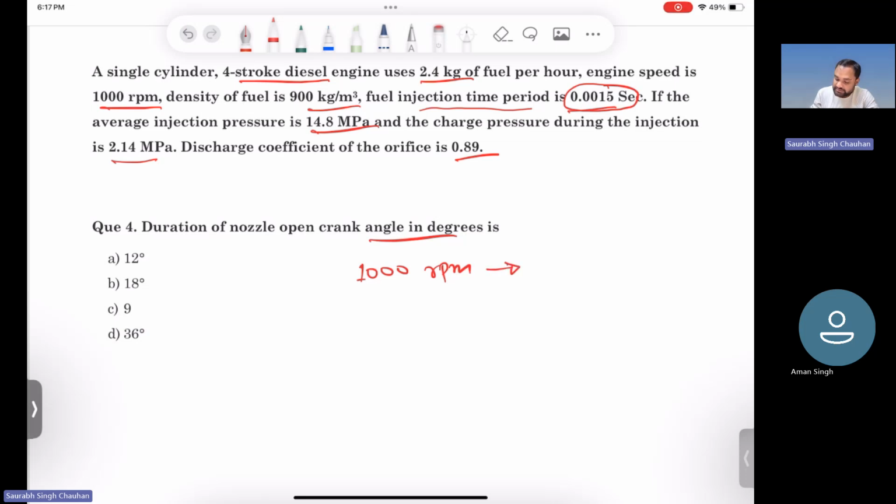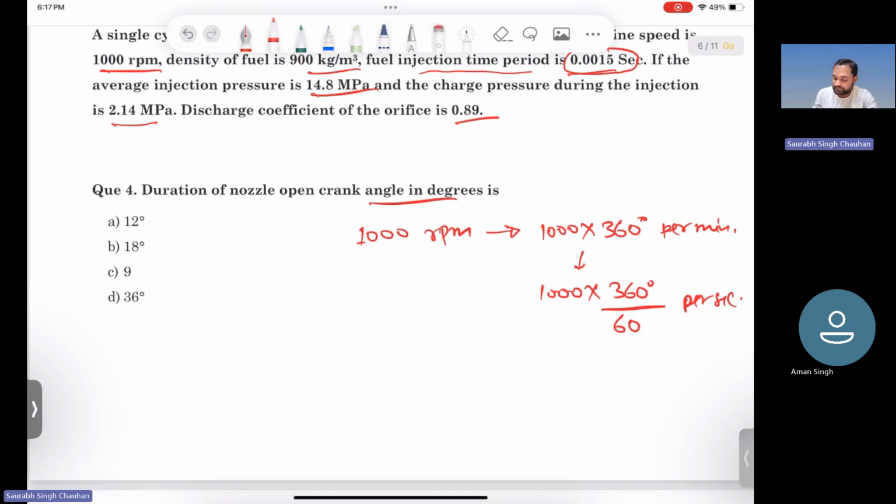This means 1000 into 360 degrees per minute, so 1000 into 360 divided by 60 per second.